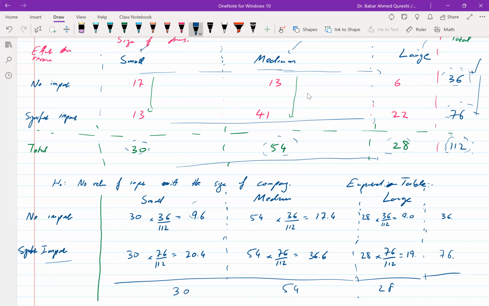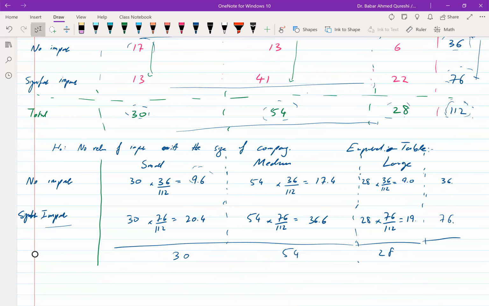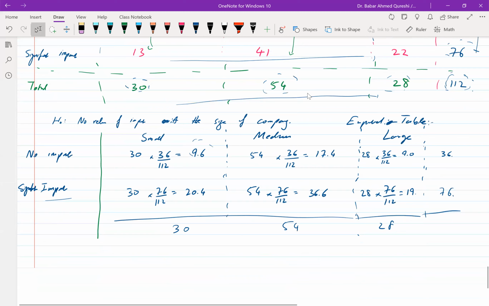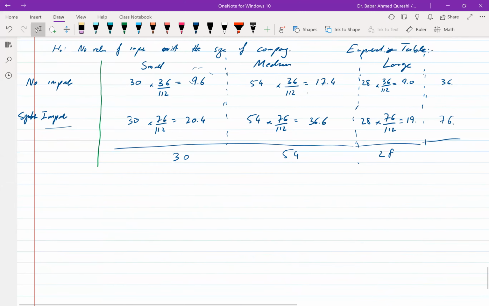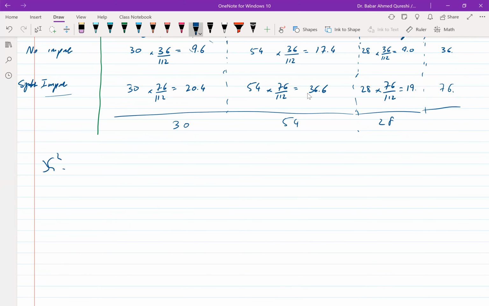So now these are the expected values, and these are the observed ones. I have three categories in one set and two in the other, so I get a chi-square of 2.